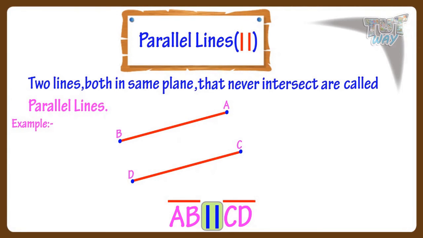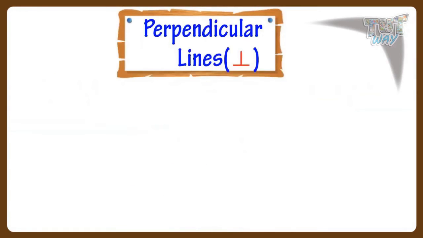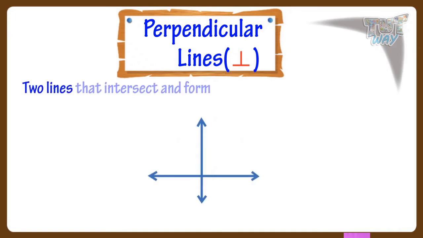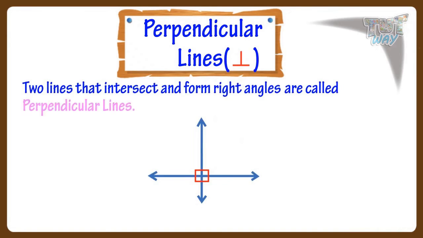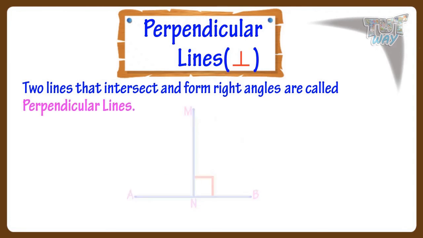Now, let's see what are perpendicular lines. Two lines that intersect and form right angles are called perpendicular lines. Here, MN is perpendicular to line AB.